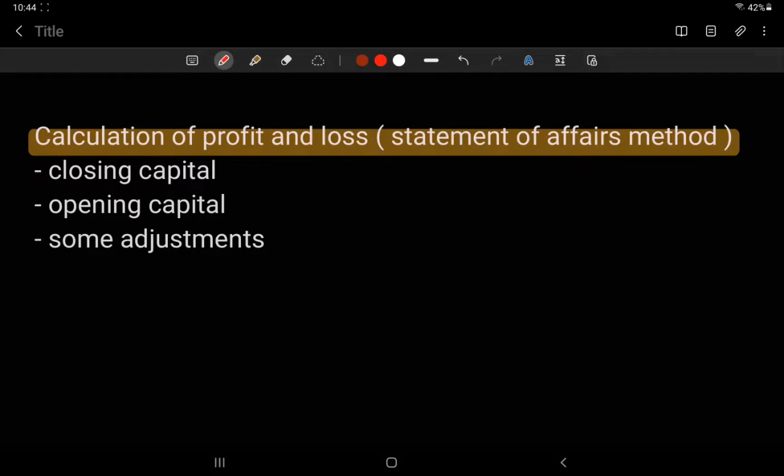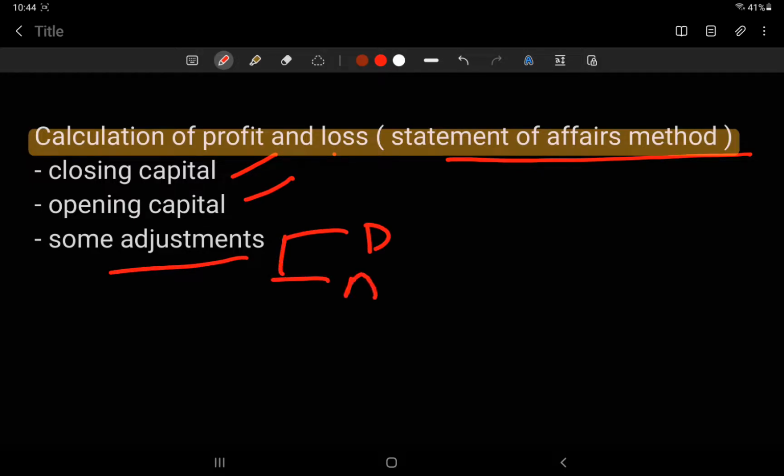In order to calculate profit and loss using the statement of affairs method, we need three pieces of information: closing capital, opening capital, and some adjustments, which are nothing but drawings and additional capital. So in this video what we are going to learn is what a statement of affairs is.